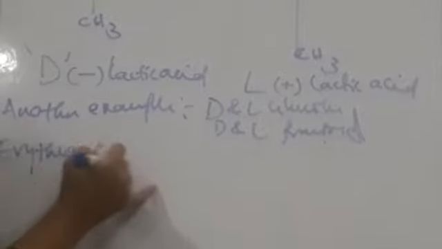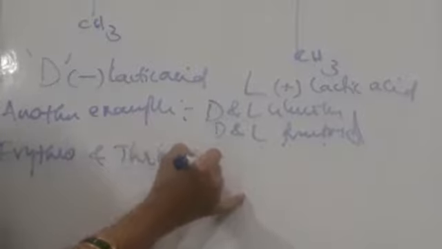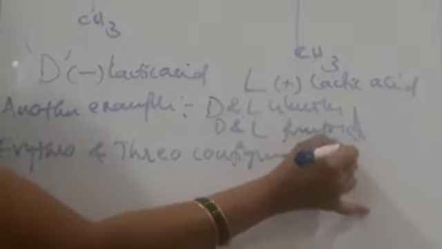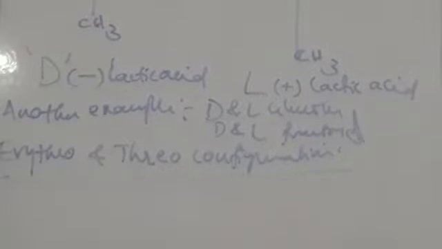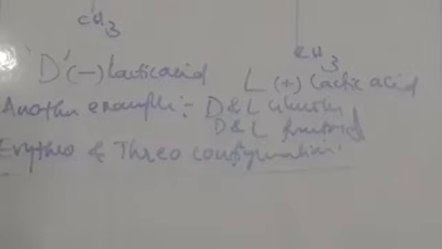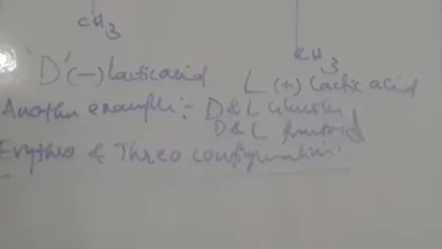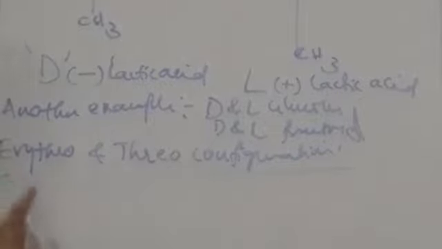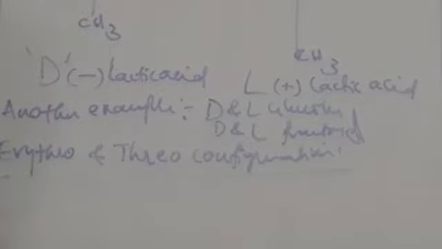Erythro and threo configuration. So erythro configuration: if same groups in Fischer projection formula are present at the same side, that is erythro isomer. Opposite side, that is threo isomer. Okay.